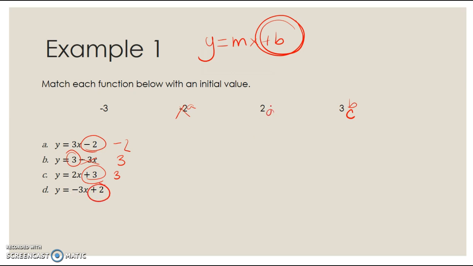So this is d. I just looked at where my y-intercept is, what my b value is. And when it comes to the commutative property, meaning we can change things around, y equals mx plus b is the same as y equals b plus mx, which is why on example b, our y-intercept or our initial value is 3. And that is how we know from an equation.